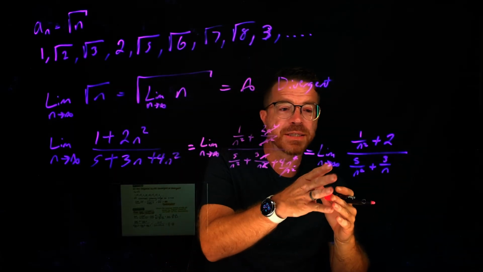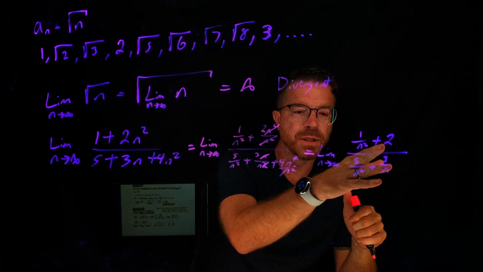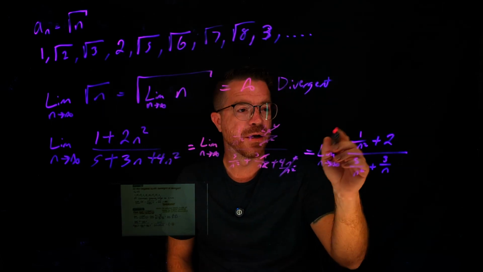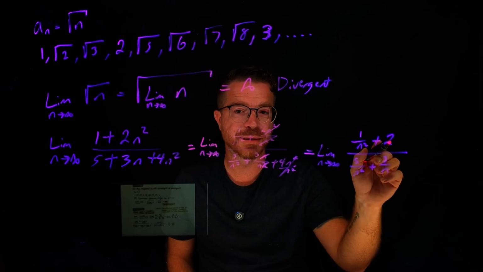And now, if we consider the fact that this is just 1 over n squared plus 2, remember, with our rules of limits, we can take the limit of the top terms and the limits of the bottom terms, and then the limit of this plus the limit of this.